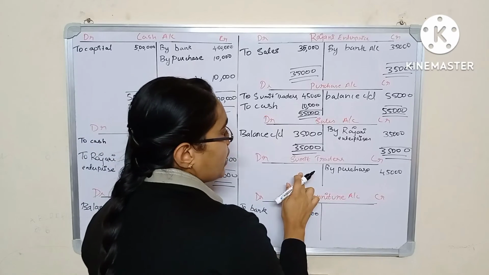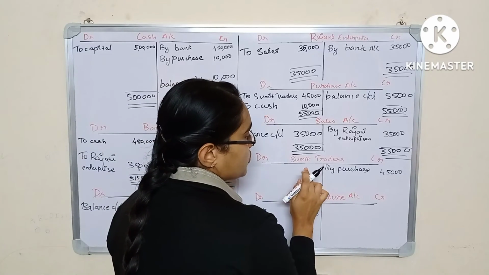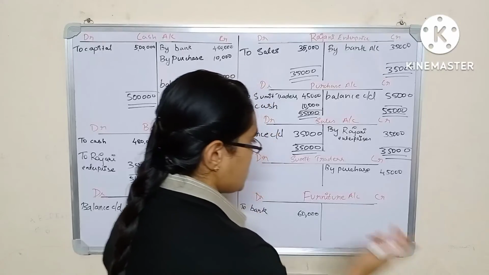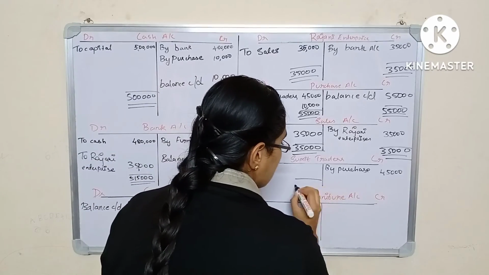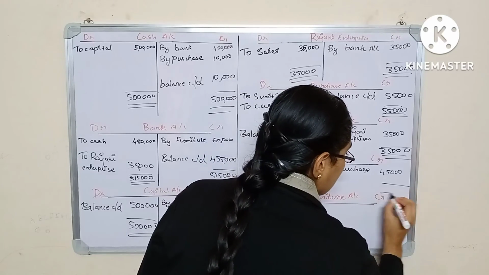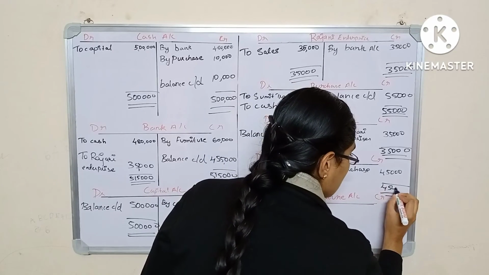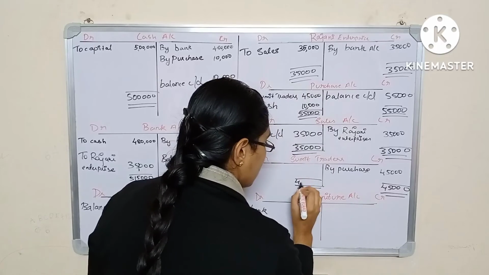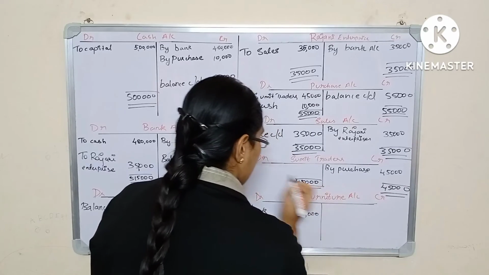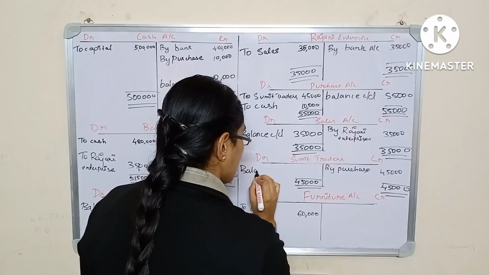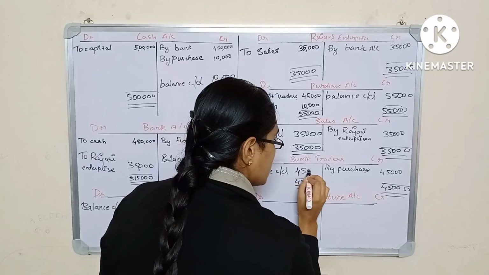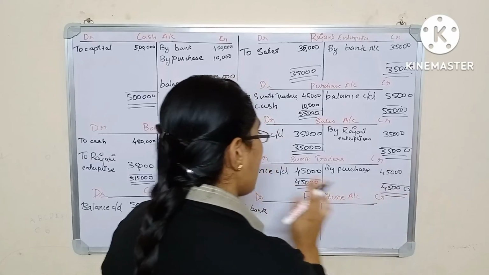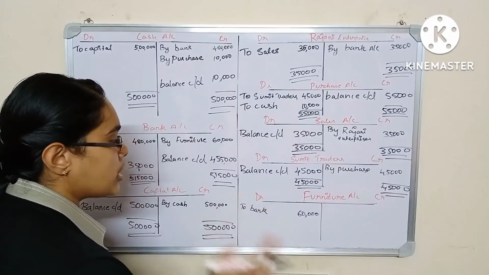Now let us move on to Sumit Traders account. We have made a purchase from Sumit Traders. So it shows 45,000. So how will you balance? You close it with 45,000 here, 45,000 here. What will be the closing balance? 45,000 itself. Balance carried down 45,000. So there you have your Sumit Traders account. Now furniture account.